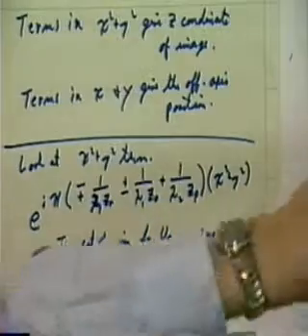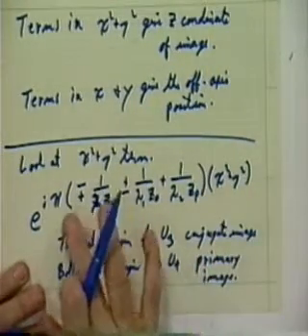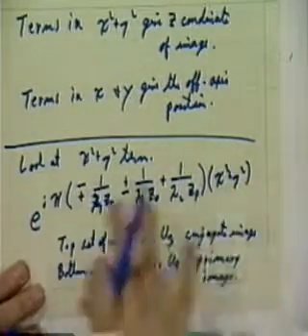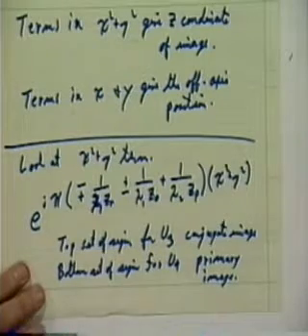Okay, so now we have this. What we want to do is to compare this with a spherical wave diverging from a point, a distance z sub I to the left of the hologram. So I'll write that down.